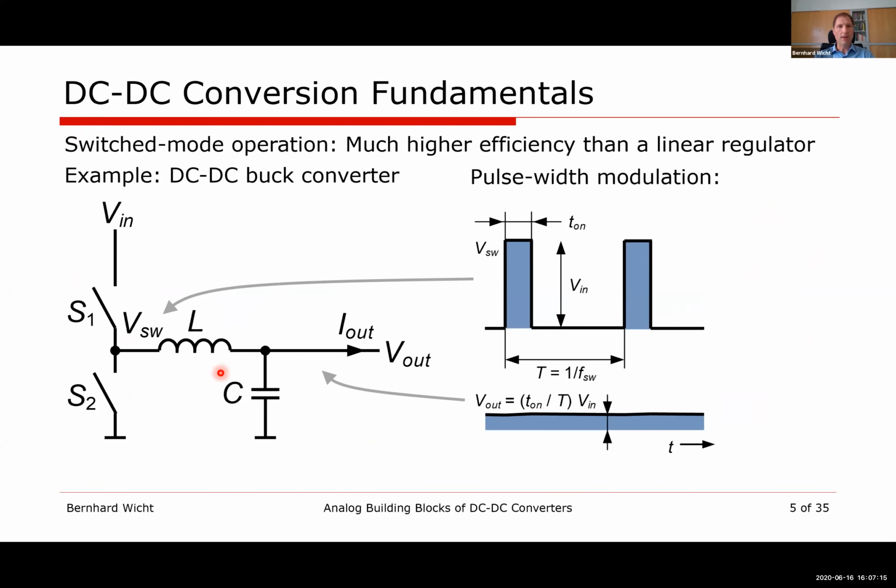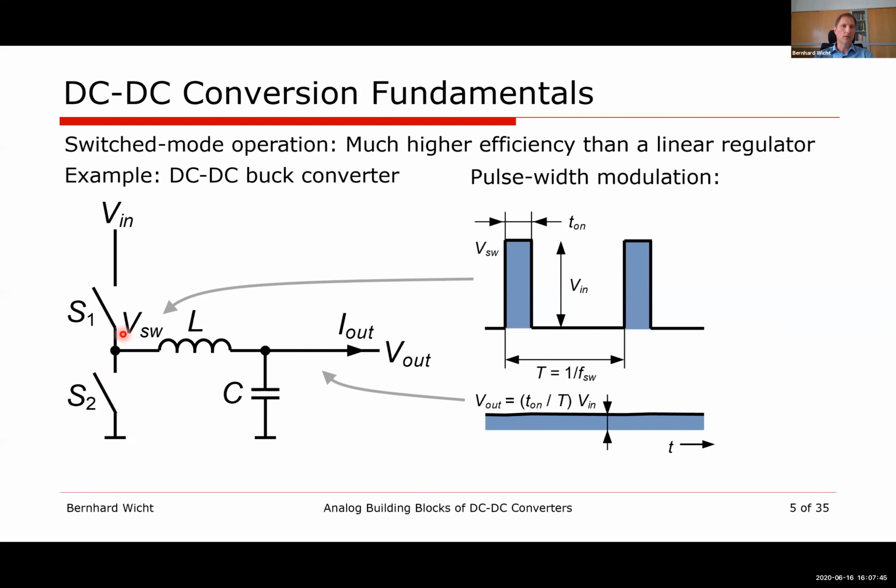It can be hybrid converters that combine both L and C components. But the classical DC-DC converter stage is the one that I'm showing here, which is the inductive conversion. In fact, we show a DC-DC buck converter. It uses switches, which are controlled complementary. That means if S1 is on, S2 is off, and vice versa.